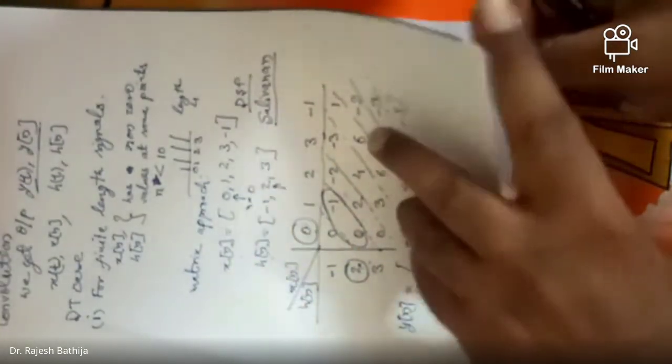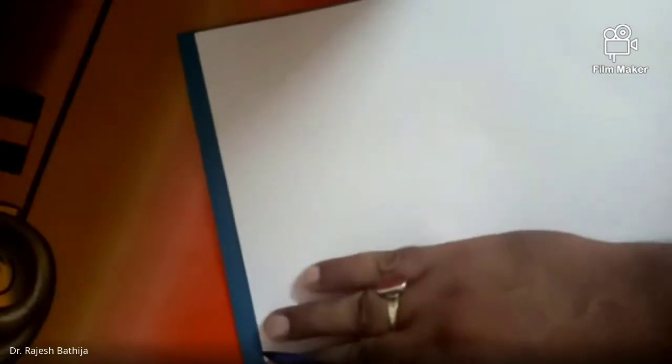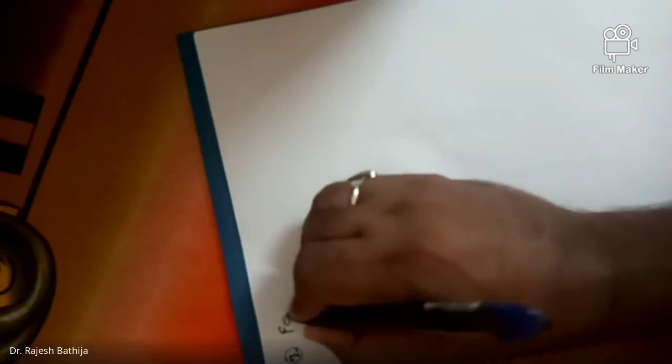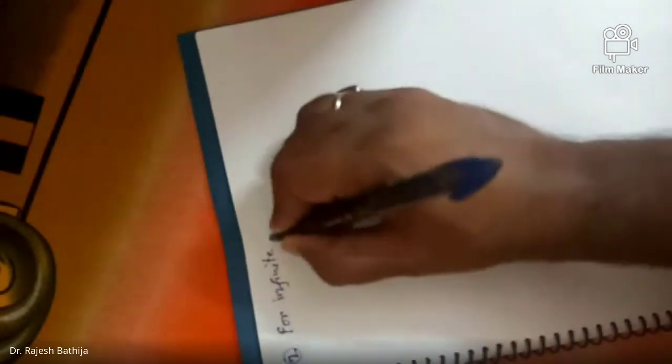That is, if x of n has more than 5 non-zero values, then we can try to avoid this method, right? Now the next is, suppose one of them is infinite. This is the second method, that is for infinite length signals.